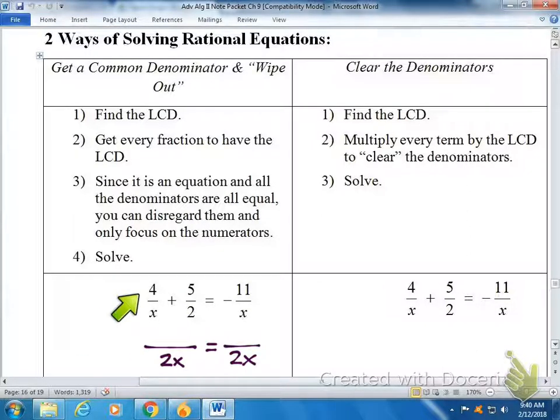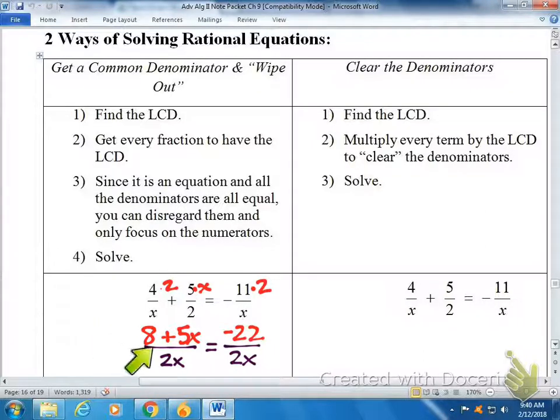In the first fraction, we're missing the 2, so we multiply the 4 times the 2. We get an 8. We're missing the x from the second fraction, so I'm going to have 5x. And then we're missing a 2 from the last fraction, so we get negative 22.